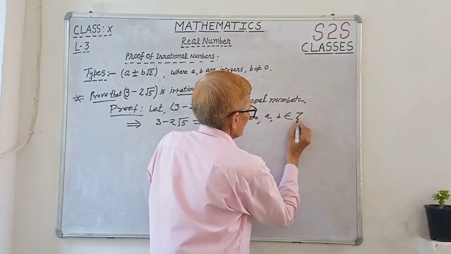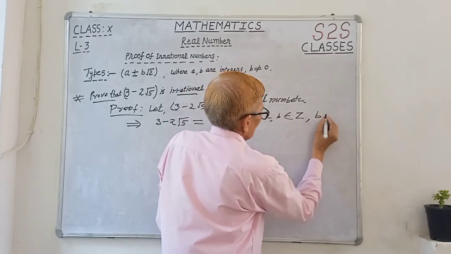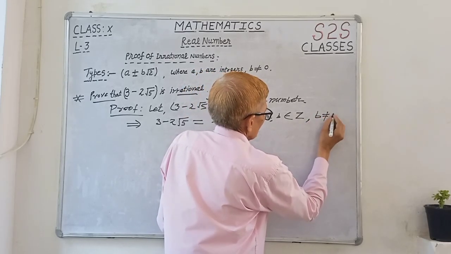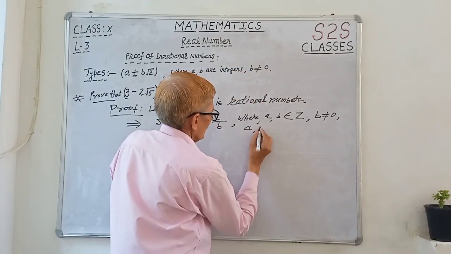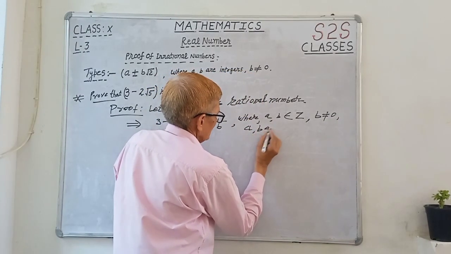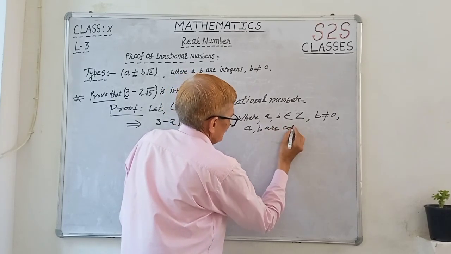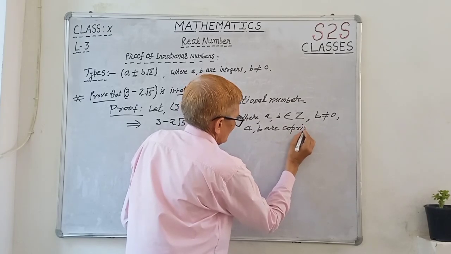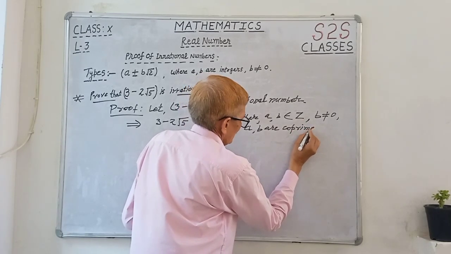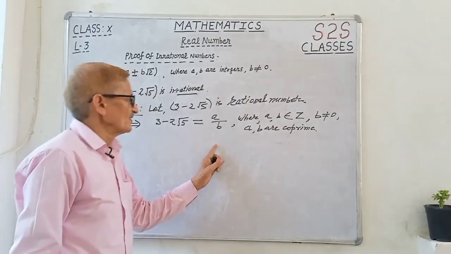Belongs to any integer means Z, and this b should not be 0, and a, b are co-prime. Yes, this is the complete definition of the rational number.